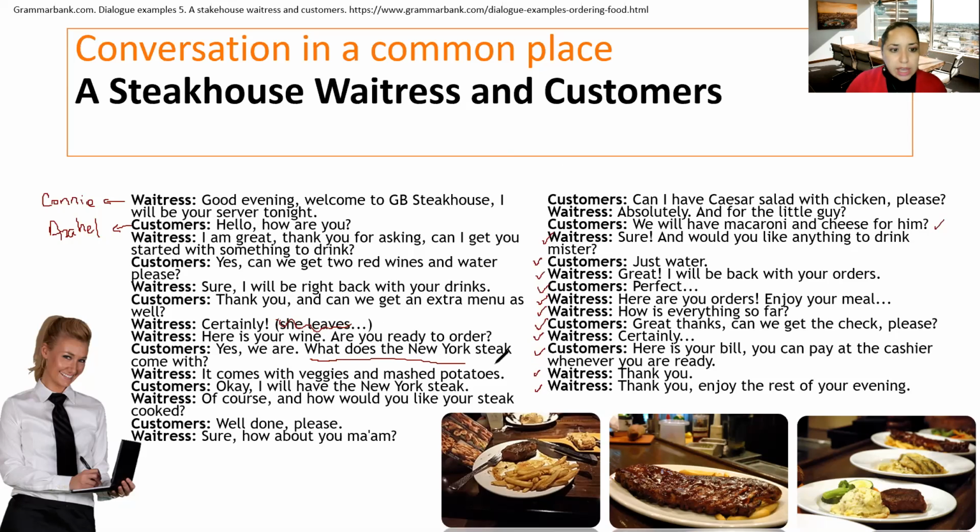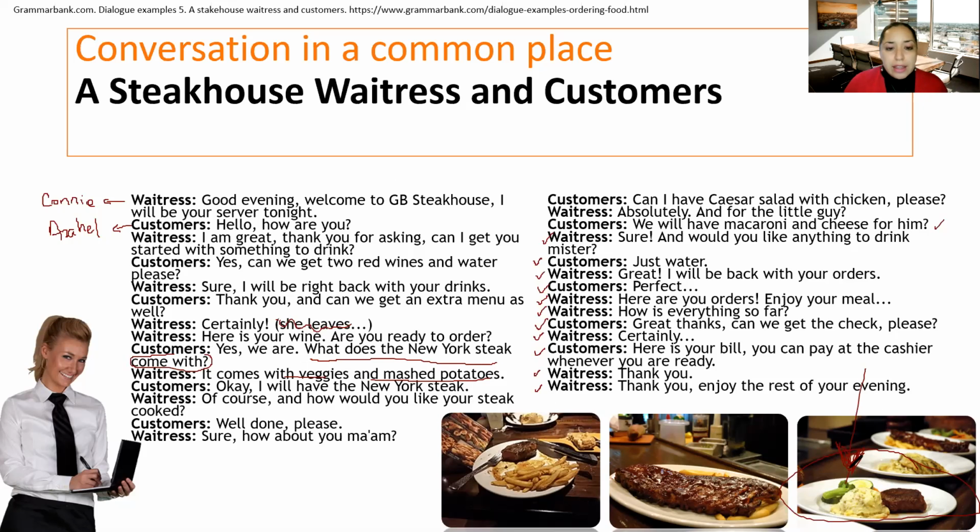You ask something like this: What does the New York steak come with? So that person wants to know if he orders the plate, what is he going to get? So she's saying, oh, it comes with mashed potatoes and veggies. So it's probably like this plate here. And says, okay, I'll have the New York steak.